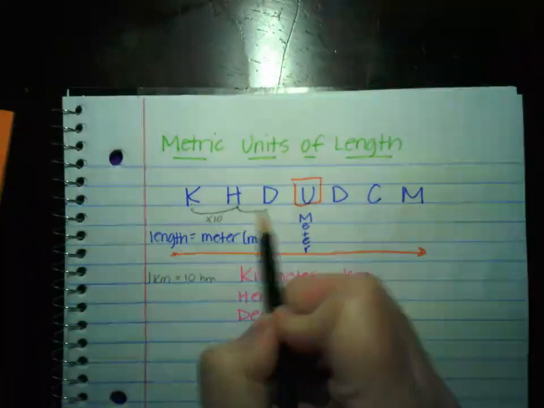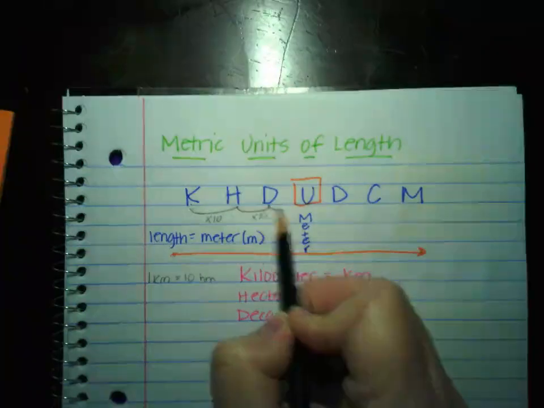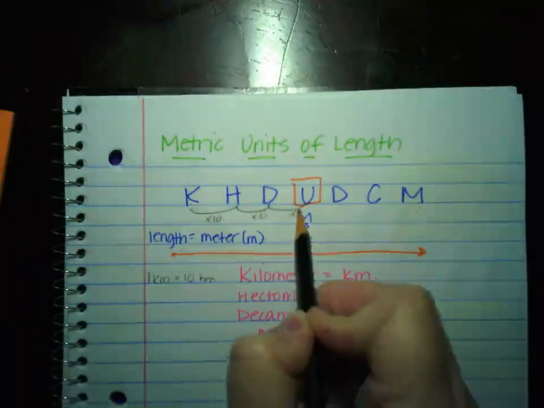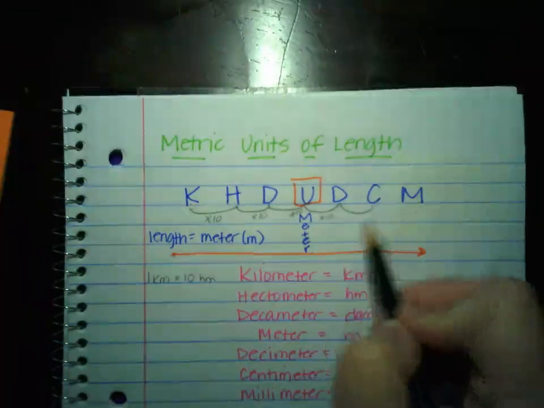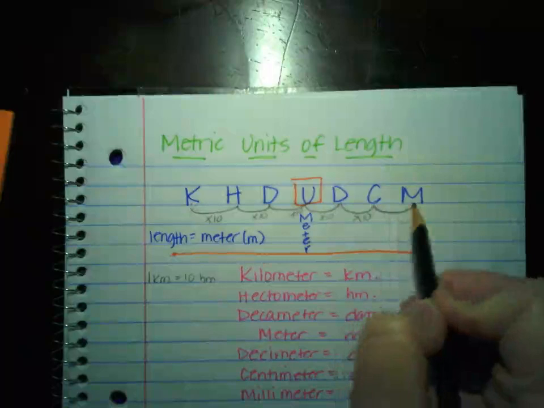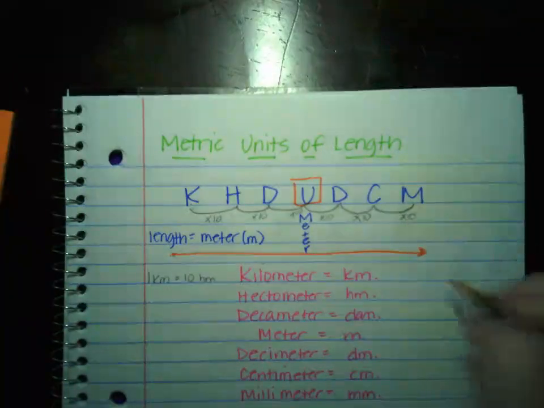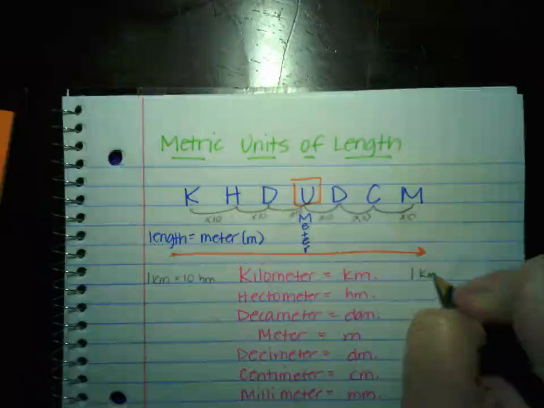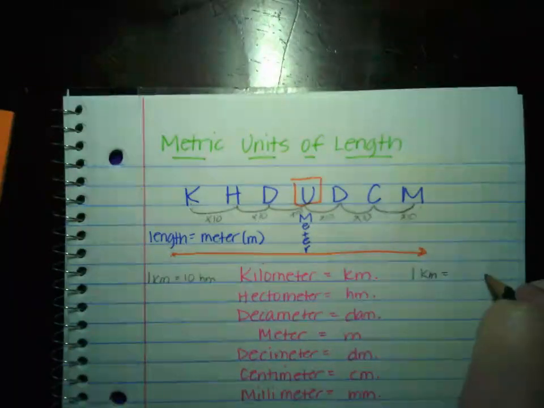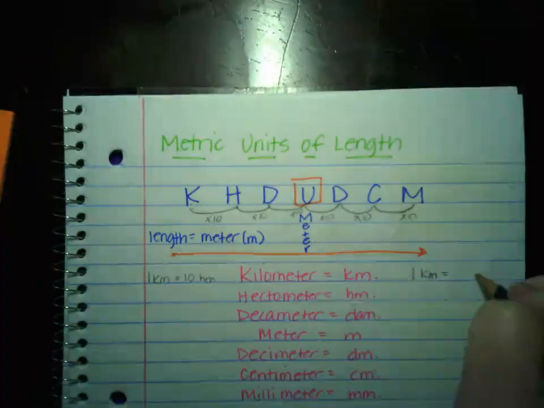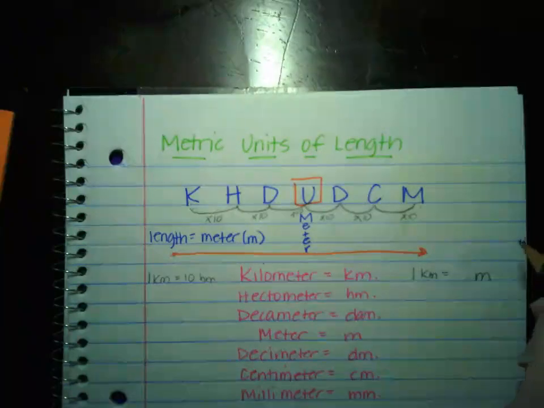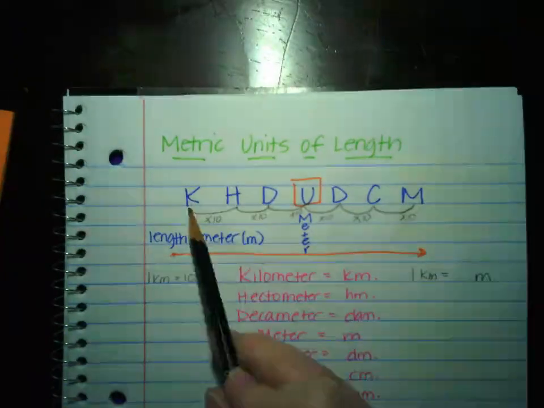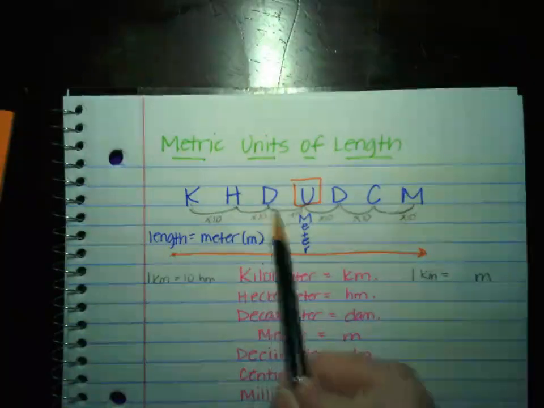As you move down, you keep multiplying by 10. Every time you move to a different unit, you multiply by 10. So if I have 1 kilometer and I want to figure out how many meters that is, I multiply by 10, 100, 1,000.